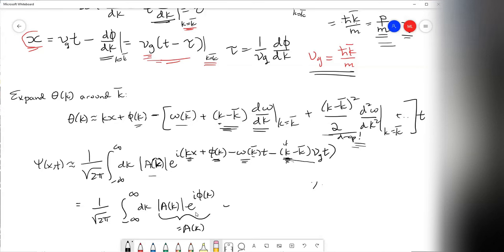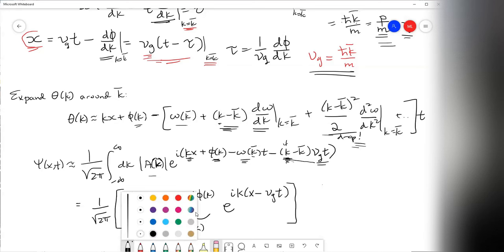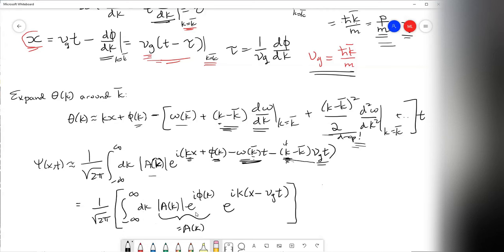And we can put the e to the i k x with this guy, minus v_g t. And everything else just comes out of the integration because it doesn't depend on k. Everything else, like this part and this k bar over here, just comes out.